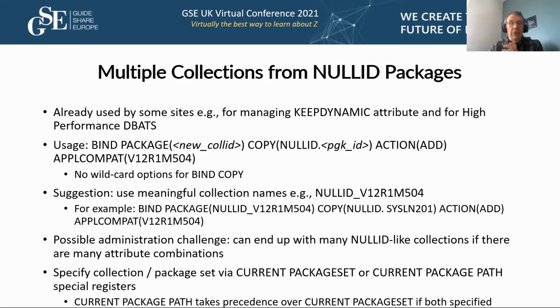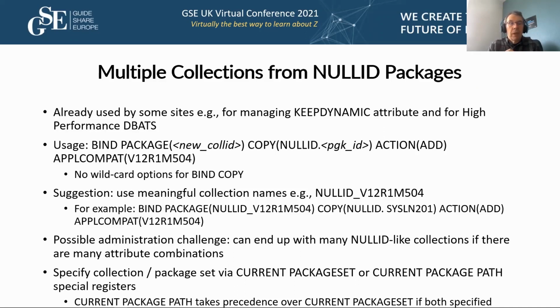Now, that does create a possible administrative difficulty, because you could end up with many null ID-like collections if you've got many attribute combinations. For example, if you're using APPLCOMPAT, Keep Dynamic, and High Performance DBATs with many combinations, you've got the administrative challenge of looking after a large number of collections and making sure you point applications to the right collection or package set.